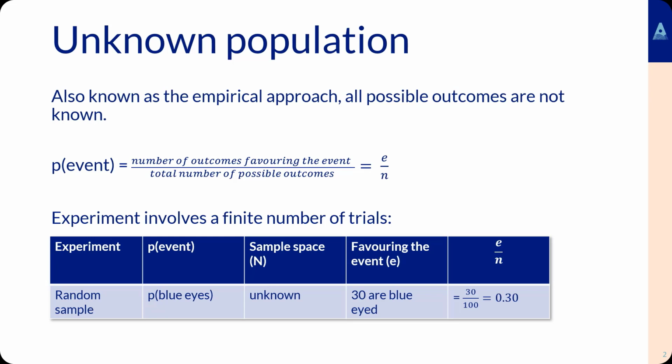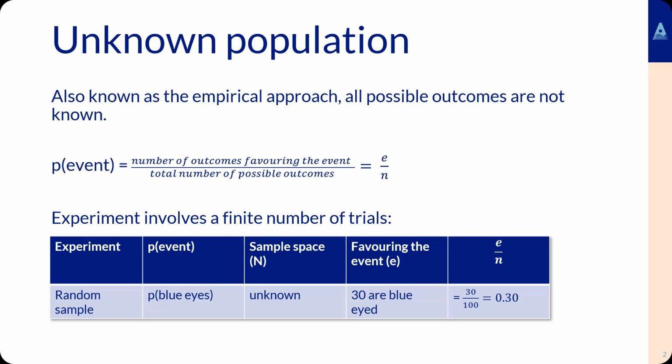As you can see, this calculation of the probability is exactly the same as the frequency table. So if we ran a frequency table of people with eye color and we only had blue and brown eyes, we would get 30 are blue-eyed and 70 are brown-eyed, and the relative frequency would be 0.3 and 0.7.